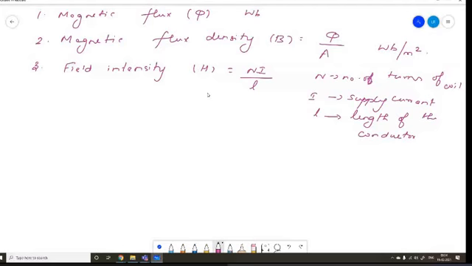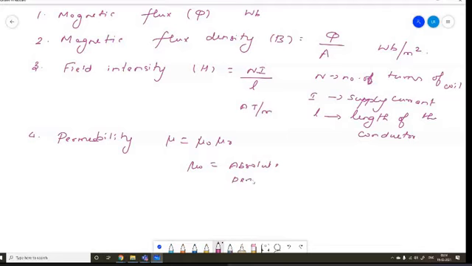And then we also discussed magnetic permeability, mu, which is mu naught into mu r. So what is mu naught? It is absolute permeability, which is given by 4 pi into 10 to the power minus 7.